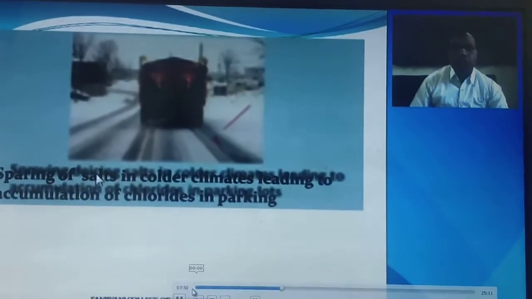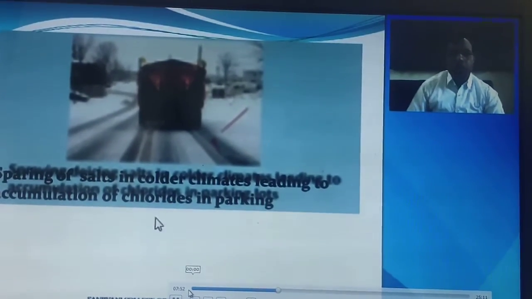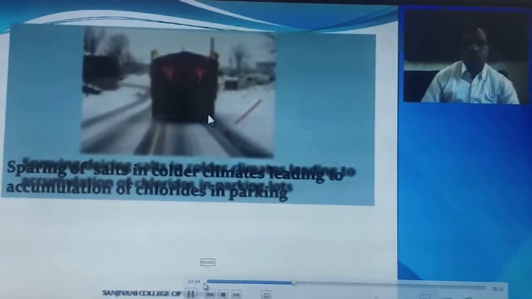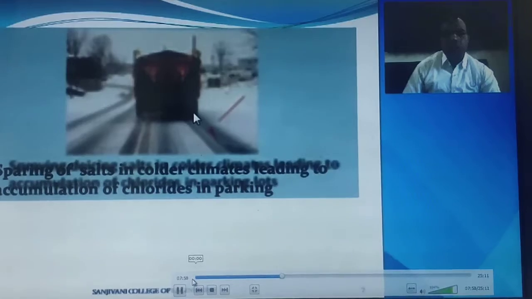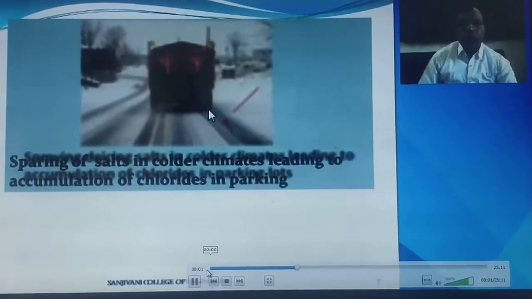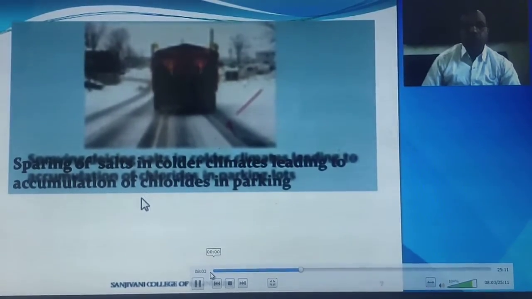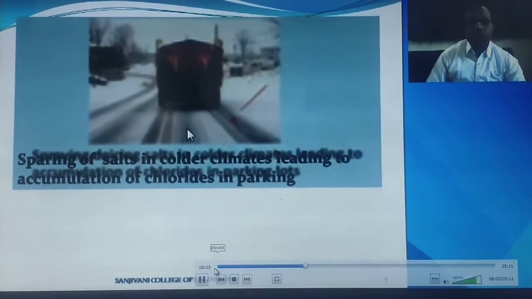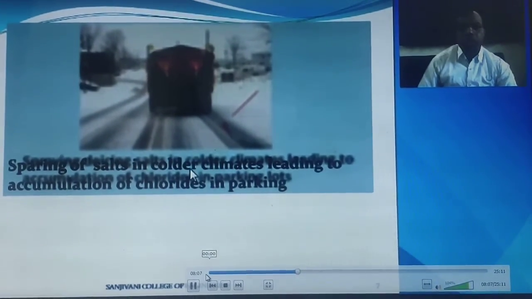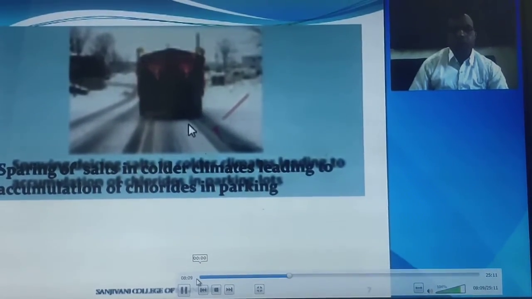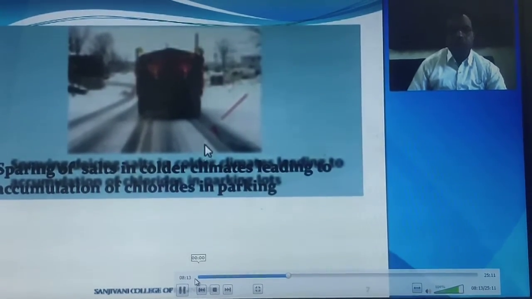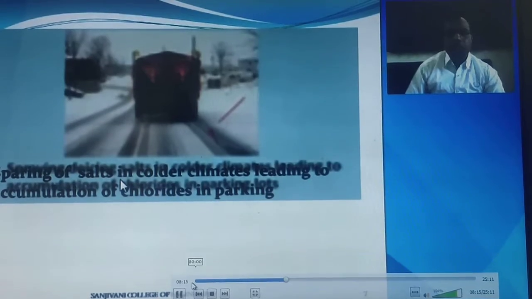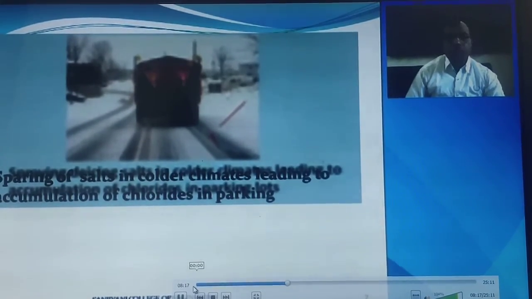Sometimes these chlorides are attached to the wheels of vehicles, and when the vehicles go into the parking deck, the deck is also subjected to chlorides. So care must be taken that the pavement becomes impermeable, so there are fewer chances of chloride attack.